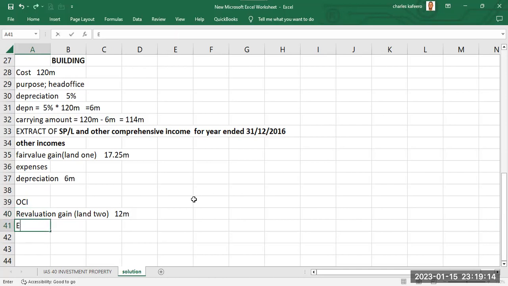Then we also make the extract for the balance sheet. Extract of the statement of financial position, SFP, as at 31st December 2016.